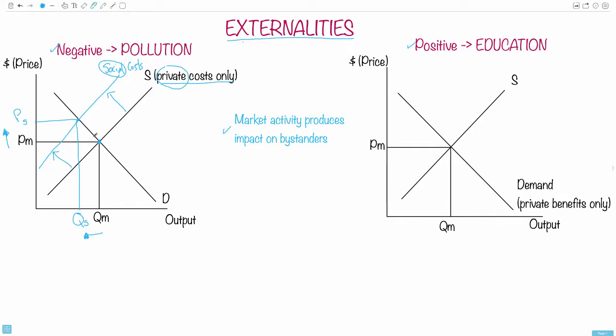So in other words, the market would move from this point to this other point if companies were taking into account not only private but social costs as well. They don't, and that's why this is considered a market failure, because this market outcome, this QM and PM, tells you that the market is producing more than what is socially efficient, more than what is socially desirable.